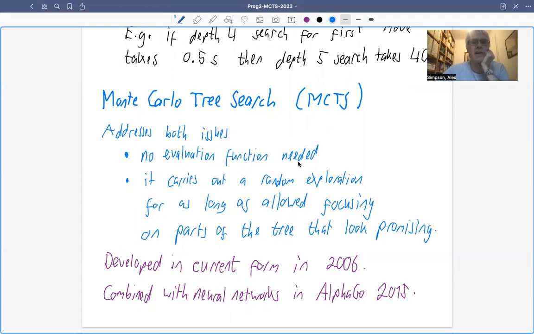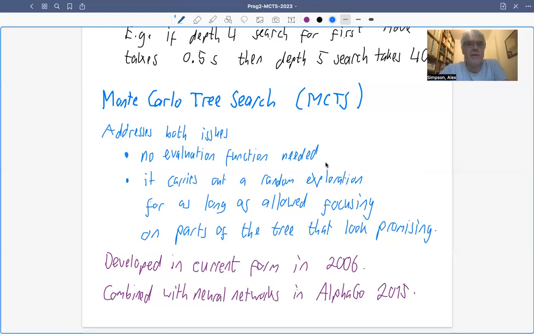It's basically a generic algorithm that you can apply to any strategy game, even to games that involve an aspect of chance, but we're not going to address that today.